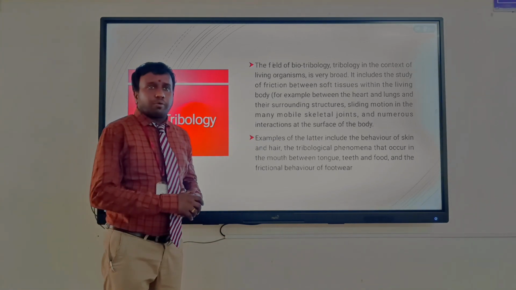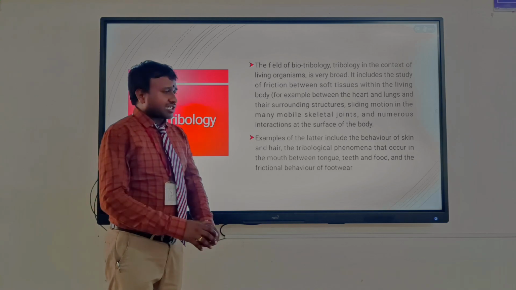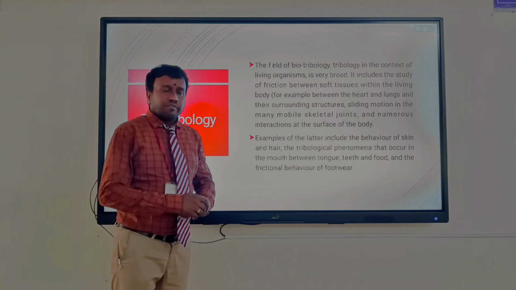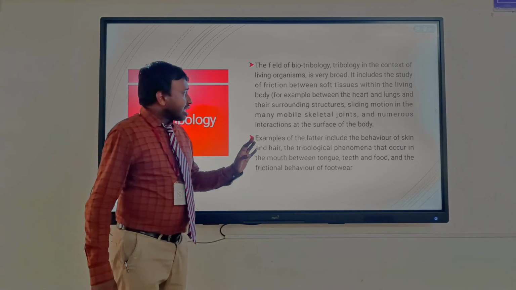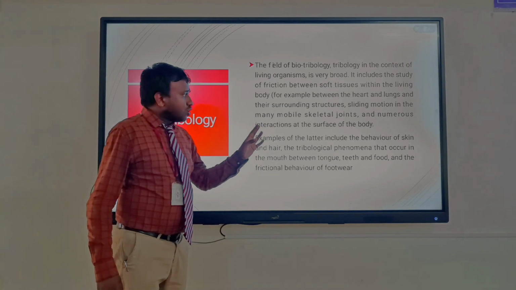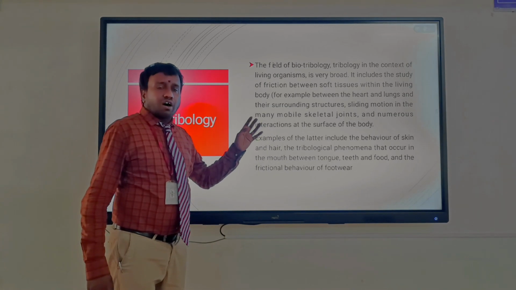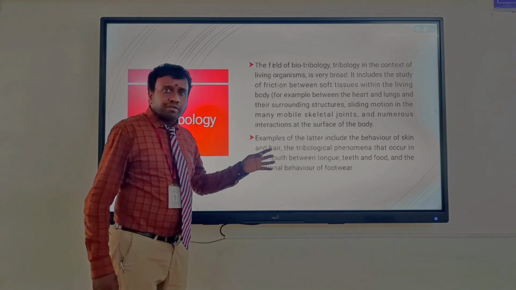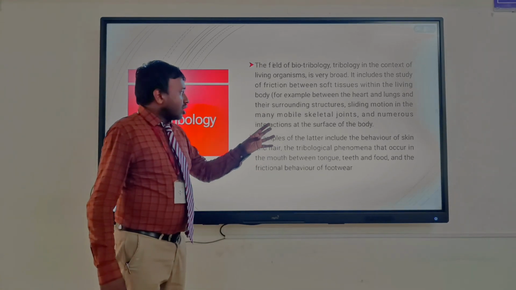What happens in biotribology? Let us consider two joints in motion. When there is movement between the two joints, there will be some contact and interaction, due to which there will be some material loss, and friction is generated, which changes the entire behavior.